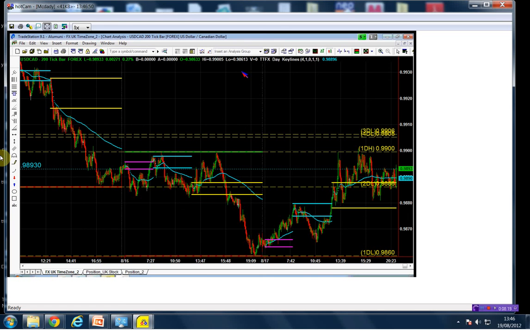So here's what we're going to do. We're going to buy it above the 99 even. And if we do, we're going to place our stop right below the 98.93. So this is going to be our stop.